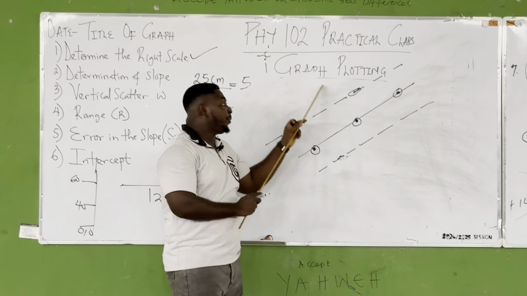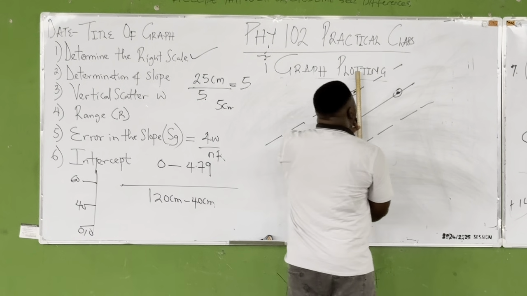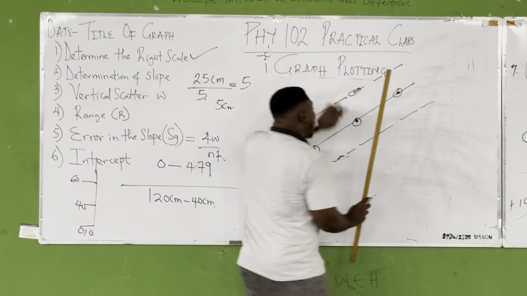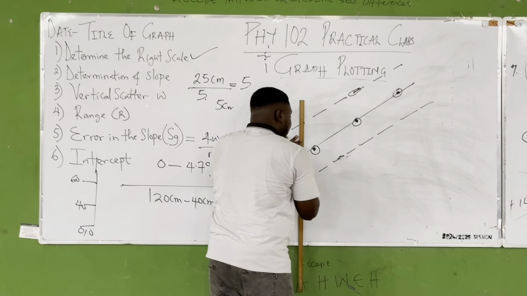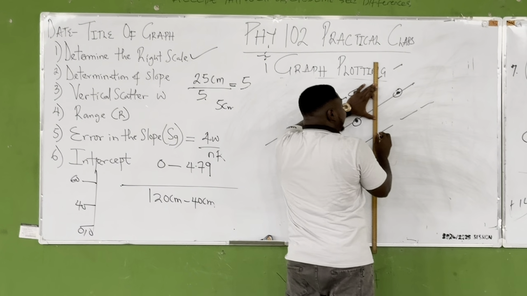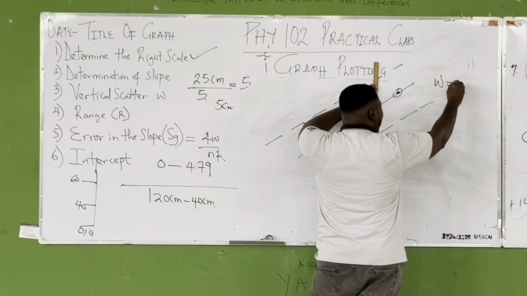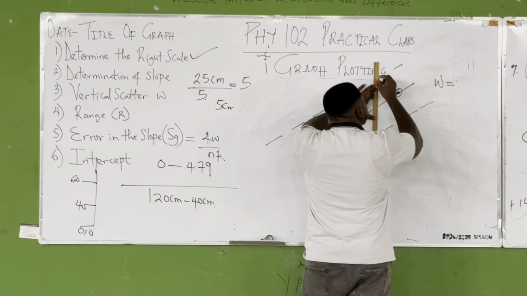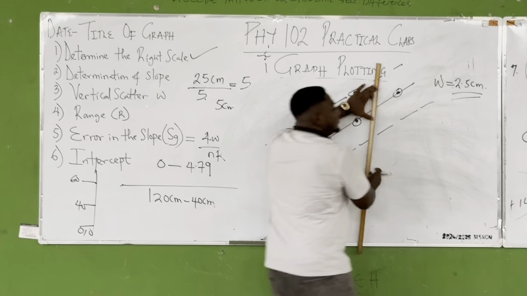Then you take your ruler and measure the distance, because these 2 lines are parallel to each other. At any point you measure the distance, you have the same distance. Class, use a ruler to measure the distance between this line and this line. Vertically, make sure your ruler is straight. Whatever you get is your vertical scatter W. Let's say I measured this to this, I got 2.5. That's 2.5 centimeters. My vertical scatter is 2.5.